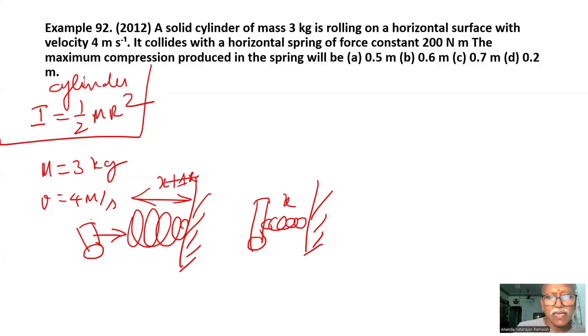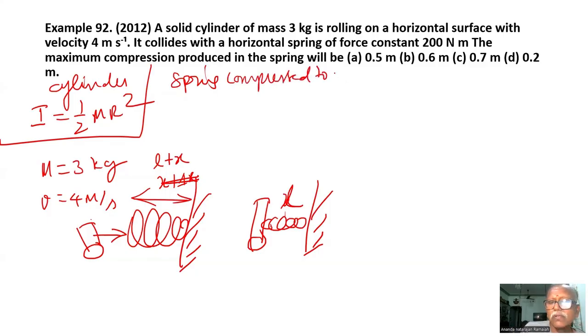Or we can say here it's L plus x, here it is reduced to L. So what is the compression? Compression is x. The spring is compressed to a length of x.